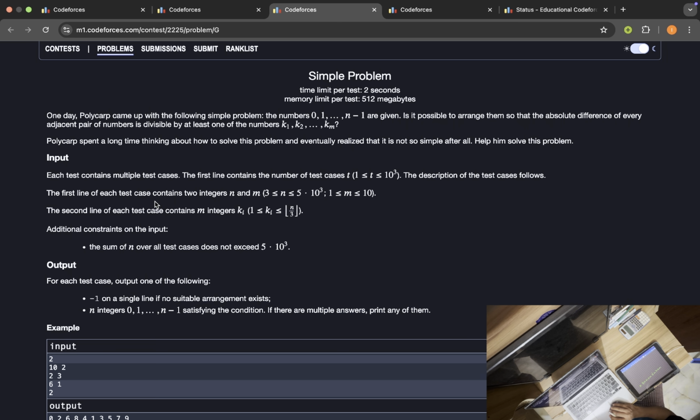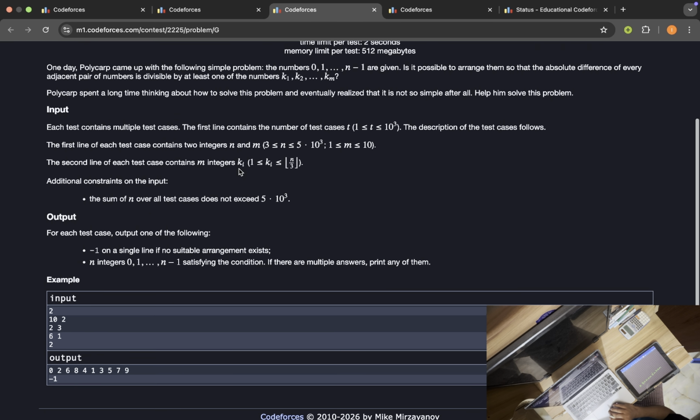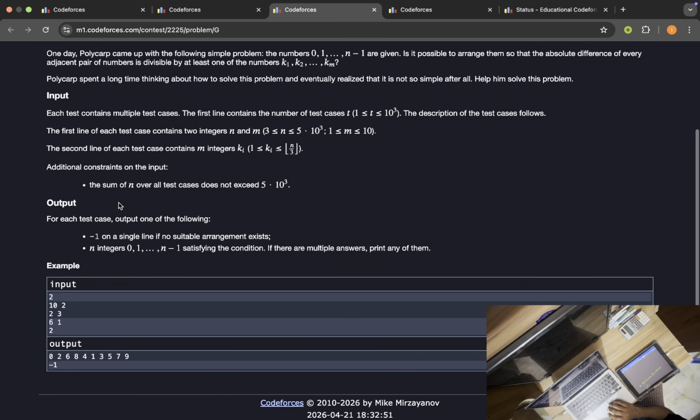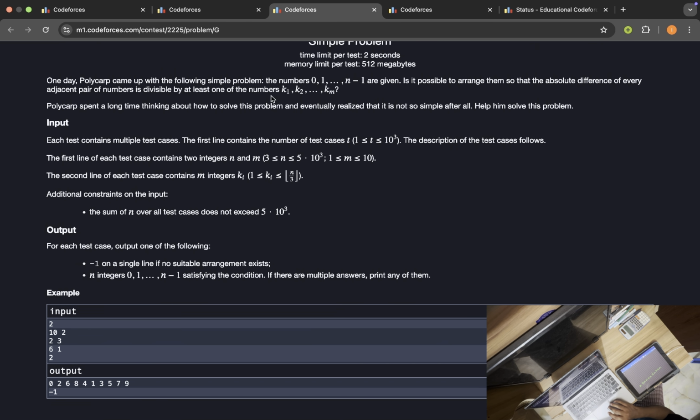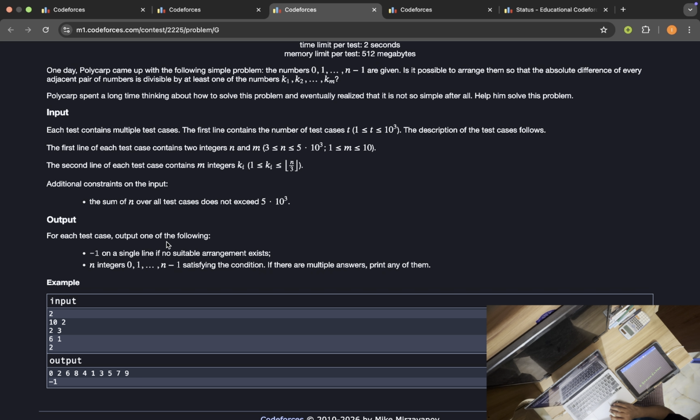Okay, 0 to n. K equal to, okay. For each test case, output minus 1 if no arrangement of 0 to n satisfies the condition. If there are multiple answers, print any of them.